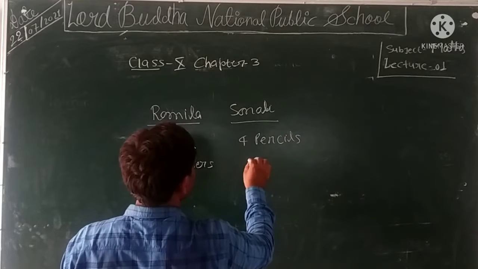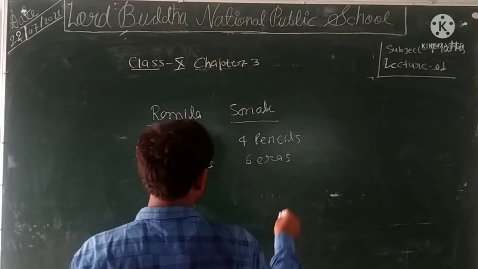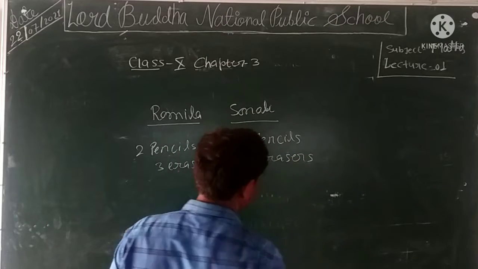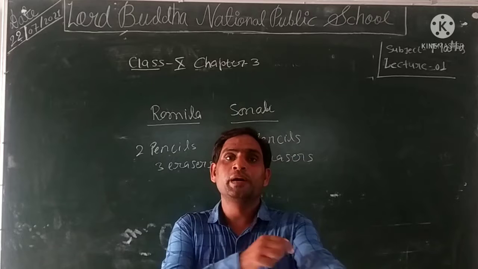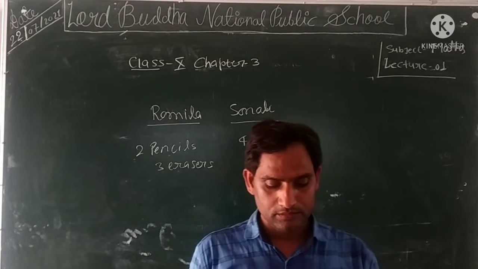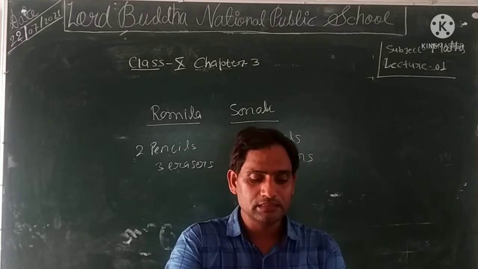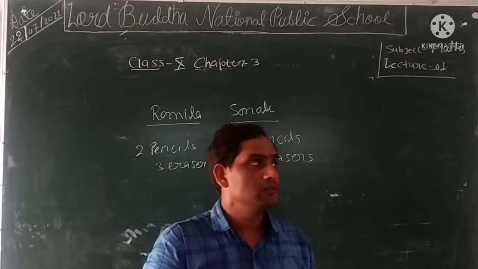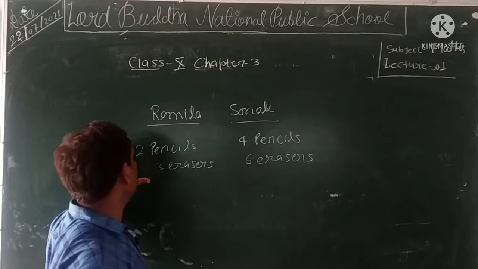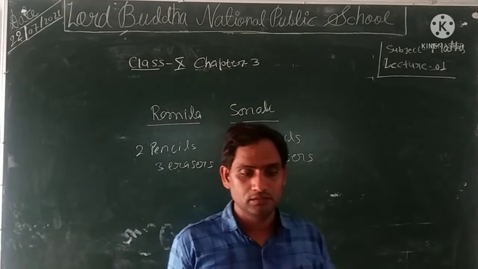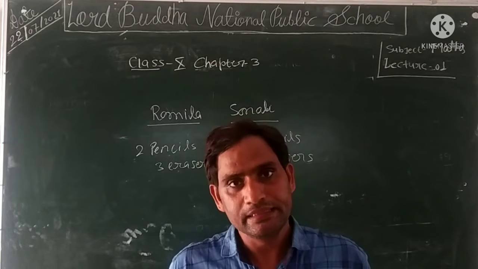The money paid to the shopkeeper by Romila is 9 and by Sonali is 18. The pencils and erasers are of the same kind. We have to represent this situation algebraically and graphically.